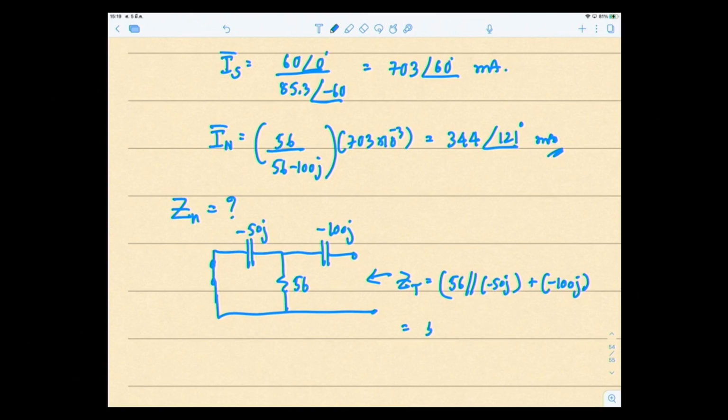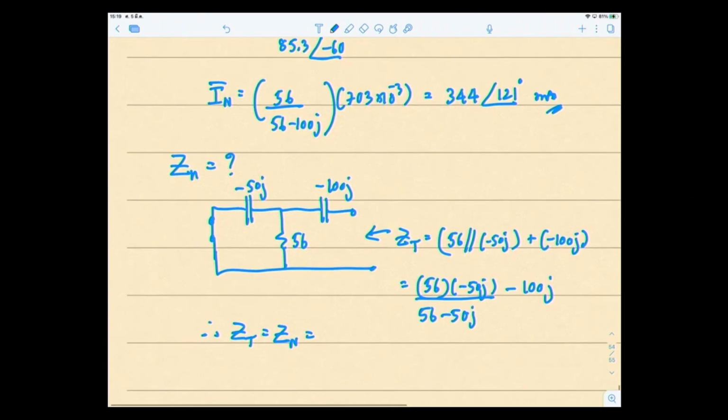So it's equal to 56 times minus 50j divided by 56 minus 50j, minus 100j. The answer, Z total, equal to the Norton impedance, is 130.2 angle minus 79 ohms, or 24.84 minus j127 ohms.